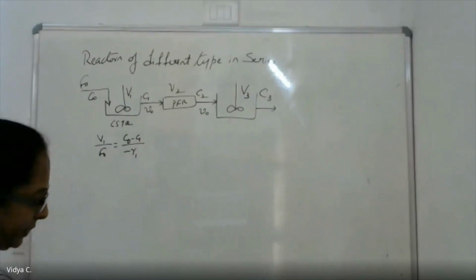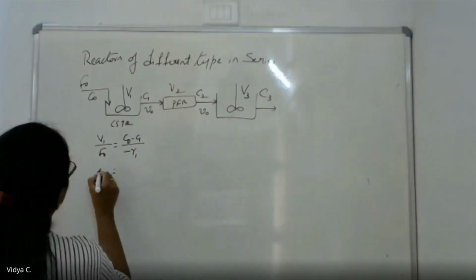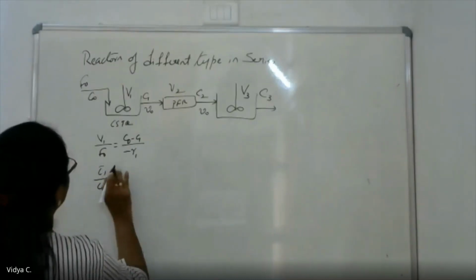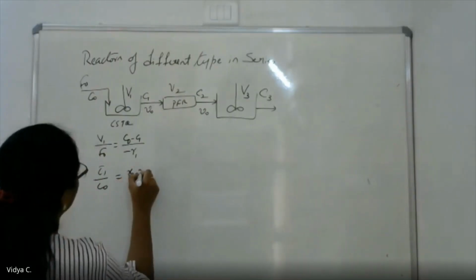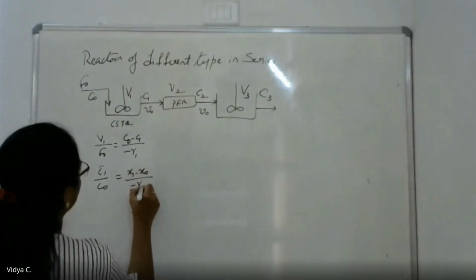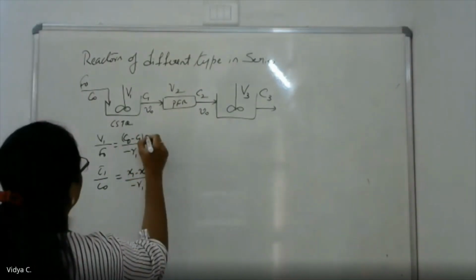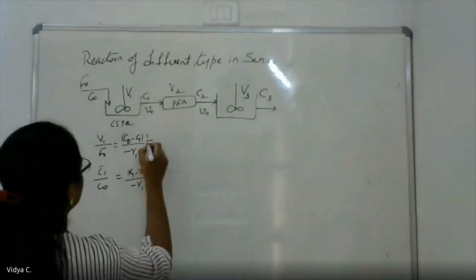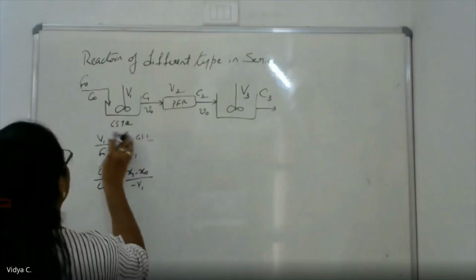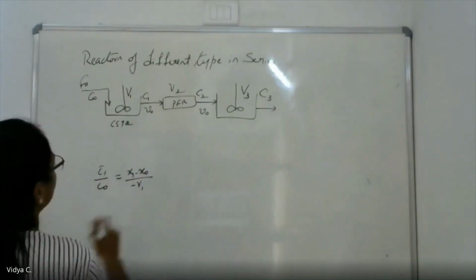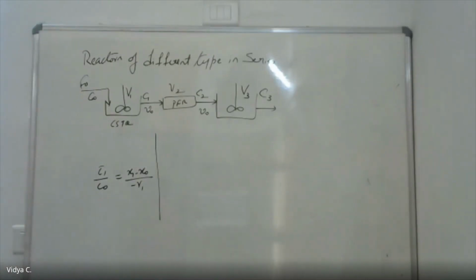In the notes I have written in terms of tau 1 by C0 is equal to x1 minus x0 by minus R1. Okay, so if I'm writing this, then V by F0 is equal to 1 by C0. Of course, I don't need this form. I'll just go with in terms of tau. So tau 1 by C0 is equal to x1 minus x0 by minus R1.